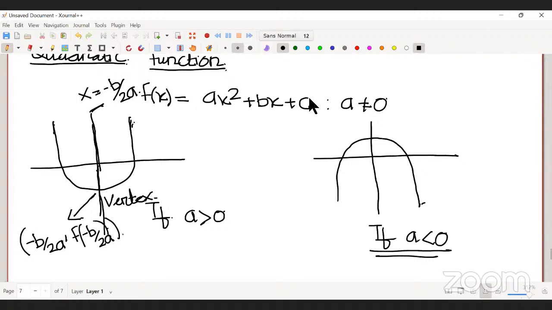This will give me the vertex of the parabola. Similarly for this case also, I can get the axis of symmetry, which is basically minus b by 2a. And similarly, if I substitute this point also, I get by the same logic minus b by 2a.